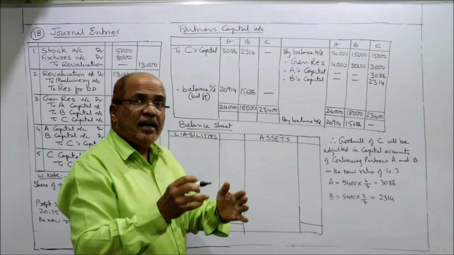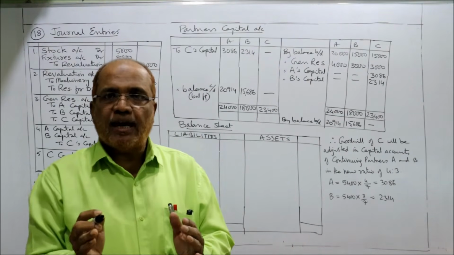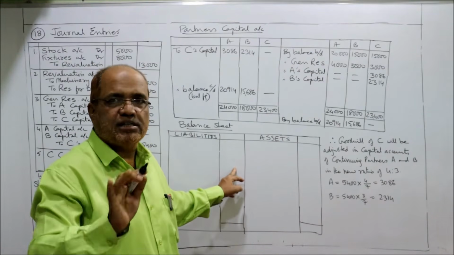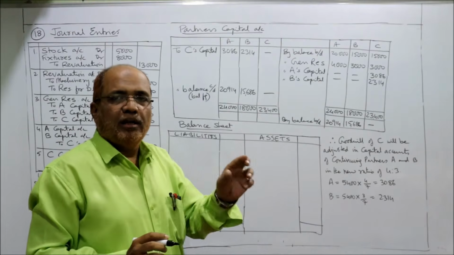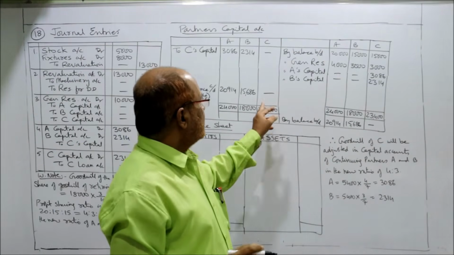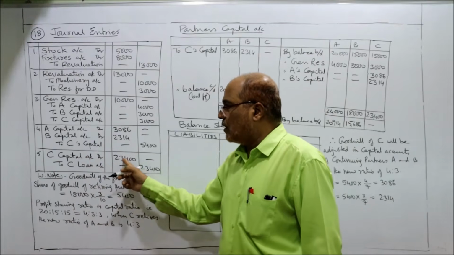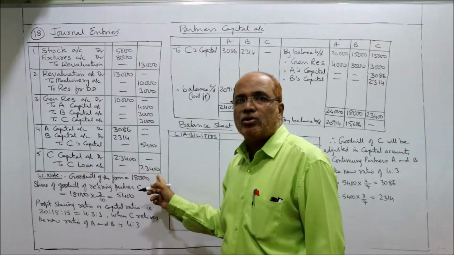But C is the retiring partner. He is not continuing. In the balance sheet, the retiring partner C's capital account will not appear. The amount due to C is 23,400. So we have passed one entry, C's capital account debit to C's loan account.